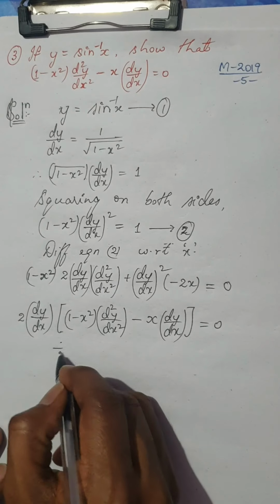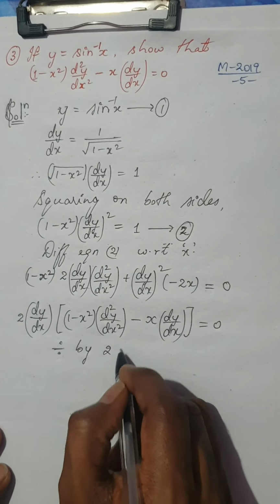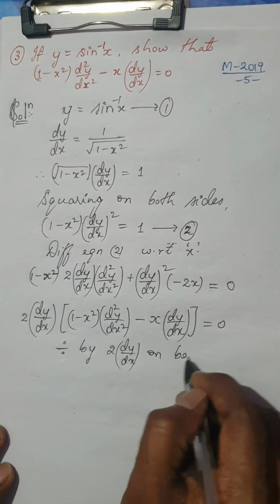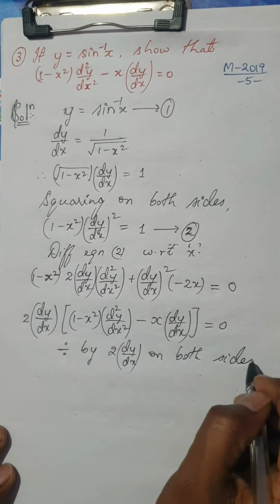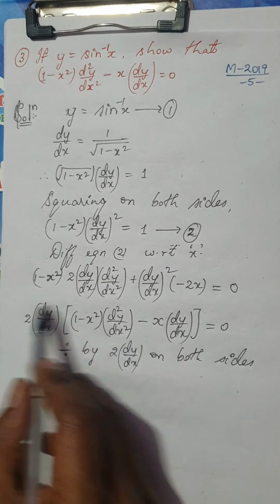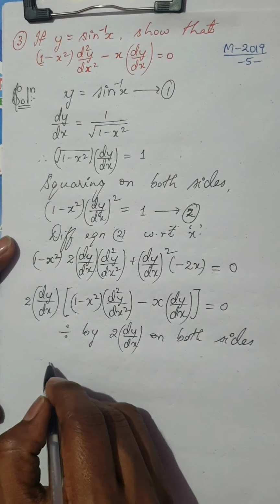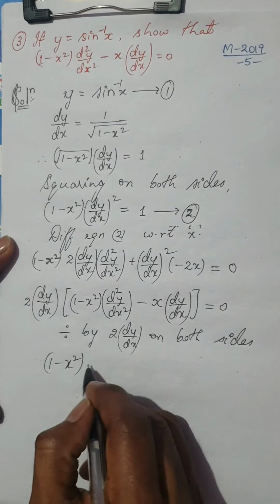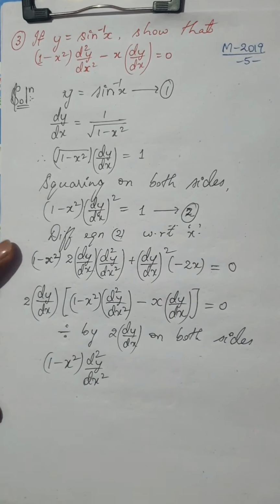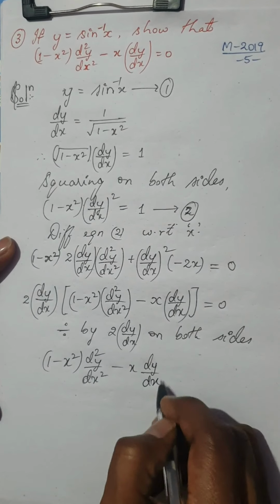Now if you divide by 2 times dy by dx on both sides, the term on the left hand side will be cancelled. Is it clear? So if you divide, you are going to get 1 minus x square into d square y by dx square, minus x into dy by dx.